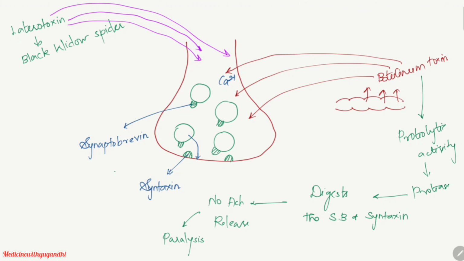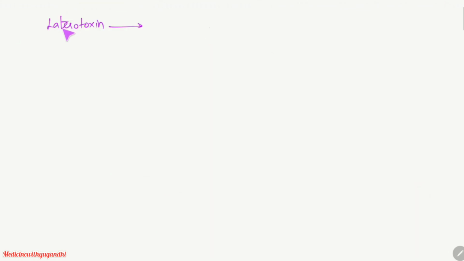So more and more acetylcholine will be released. Most of the cholinergic nerve endings would like to be more concentrated with this latrotoxin. So once this latrotoxin enters the nerve ending, it starts increasing the interaction between the synaptobrevin and syntaxin.